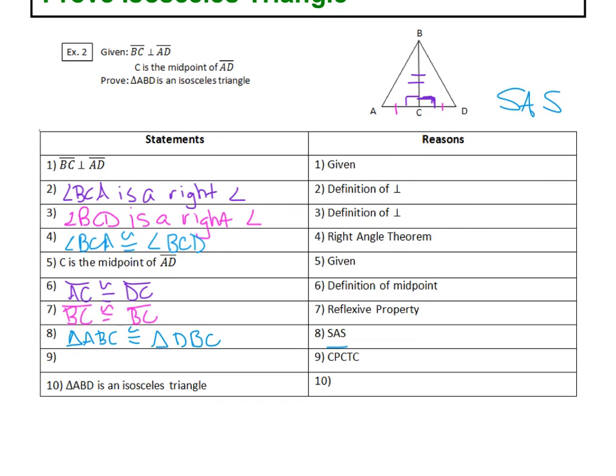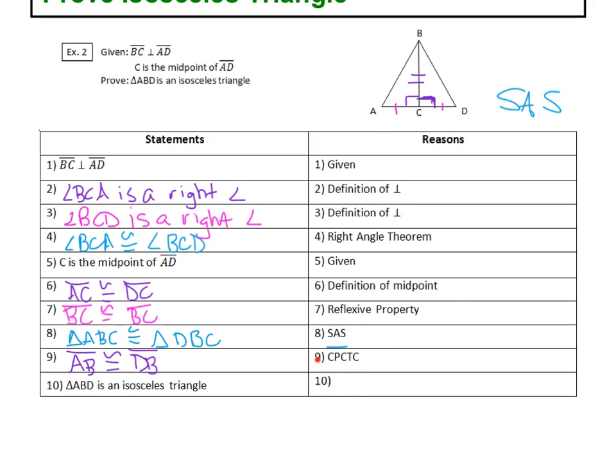Now once you have congruent triangles, you can say that anything is congruent within the triangle. Well, this is what we want. We want these outside sides to be congruent because those are the legs of our isosceles triangle. So now we can go ahead and state that AB is congruent to DB, and that's our CPCTC.